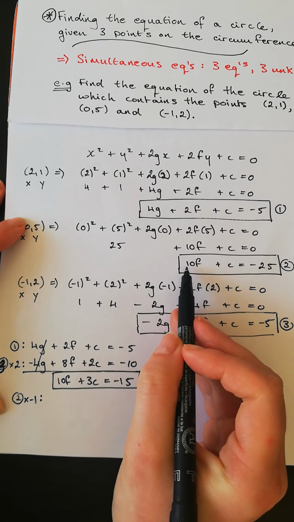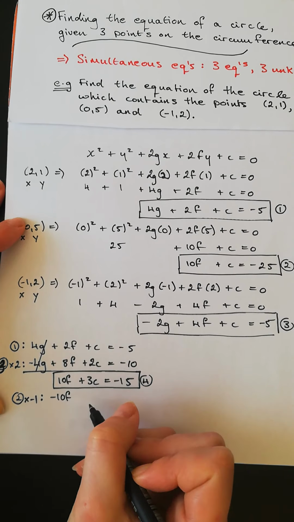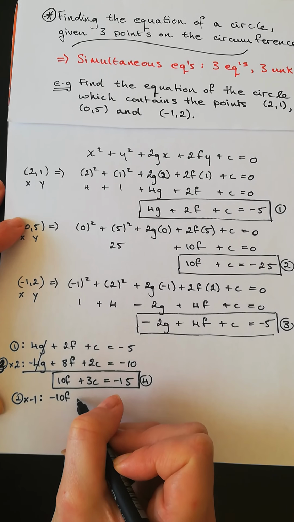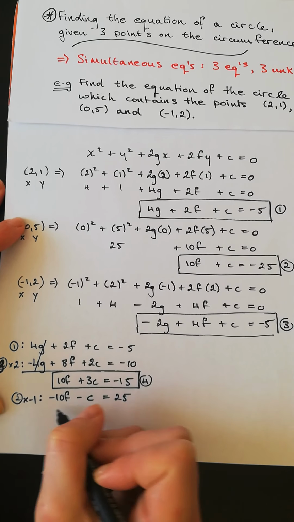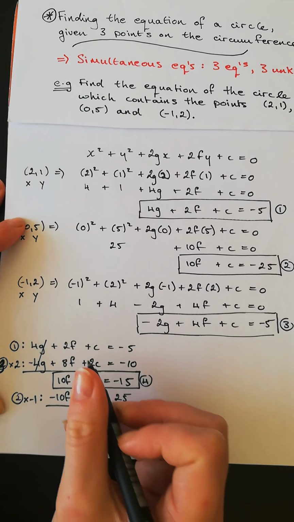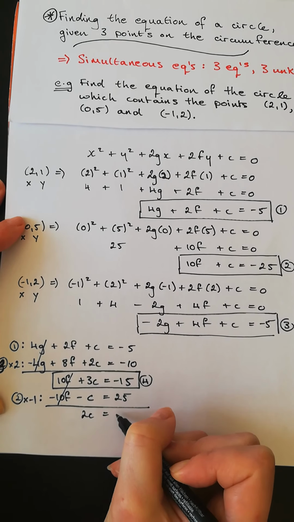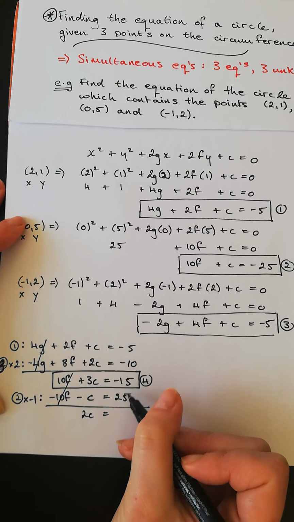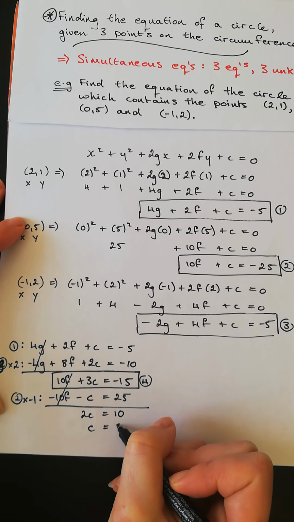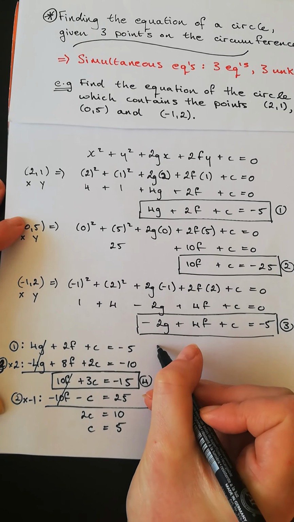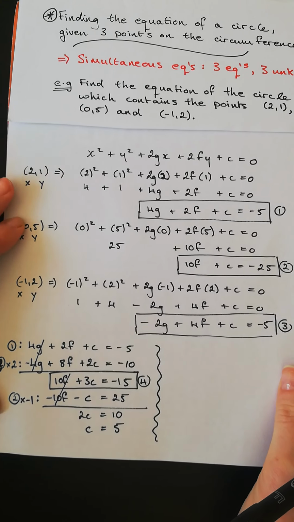I would get, so all of equation 2 by minus 1 will give me minus 10f minus c equals minus 25. And when I add these guys vertically, my f's eliminate. I get 2c equals minus 15 minus 25 is 10, so c is 5. And I have the first of my 3 unknowns.